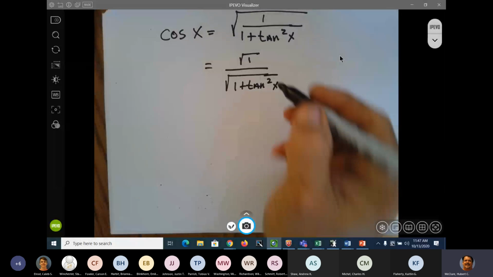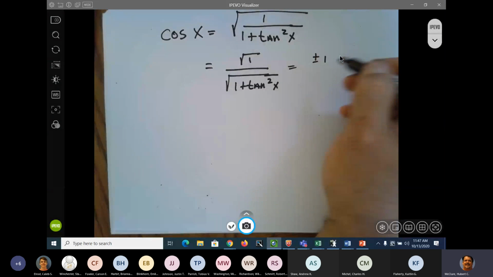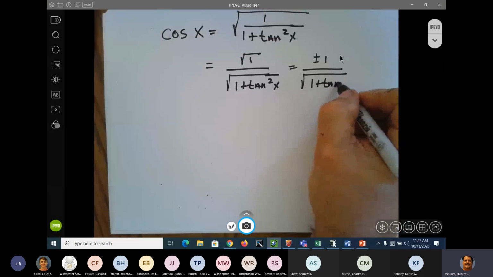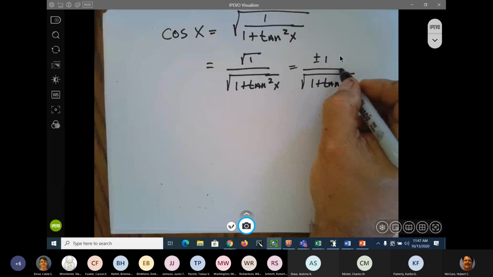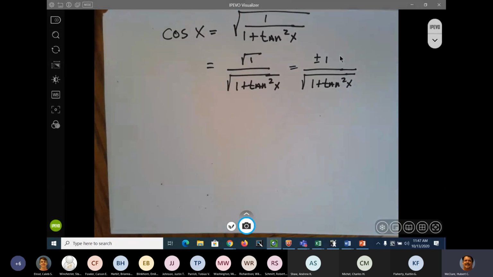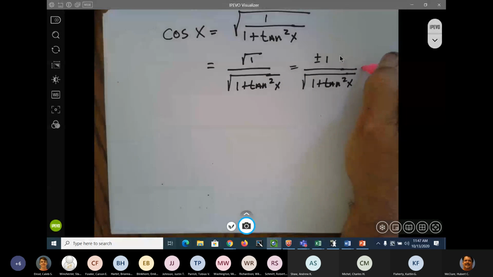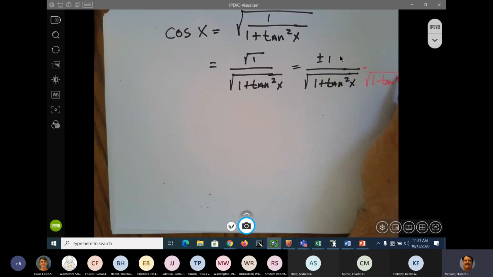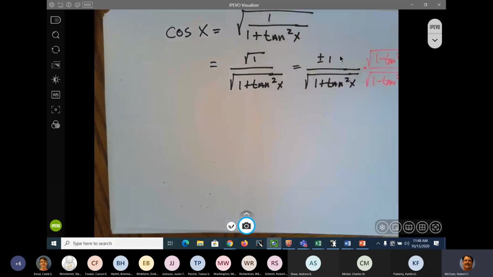The square root of 1 is positive or negative 1 over the square root of 1 plus tan squared of x. I want to get rid of the radical in the denominator, so I'm going to multiply by the square root of 1 plus the tangent squared of x.